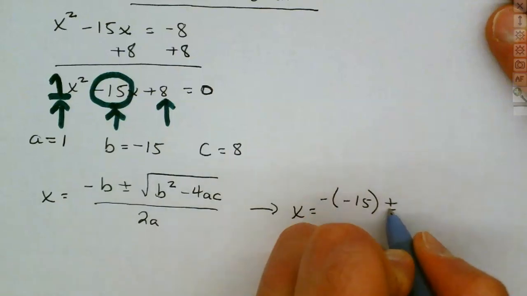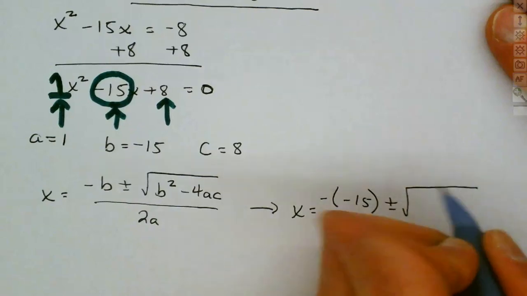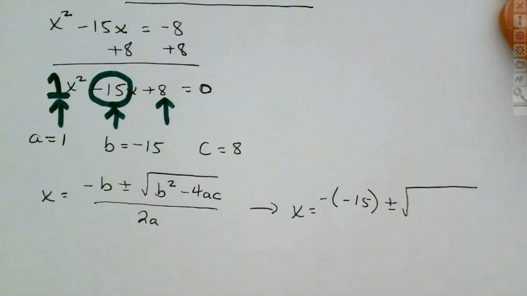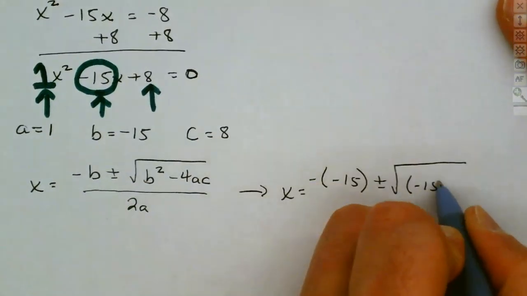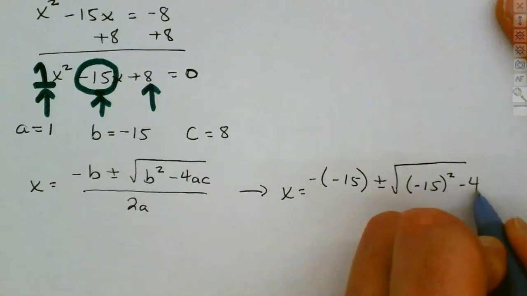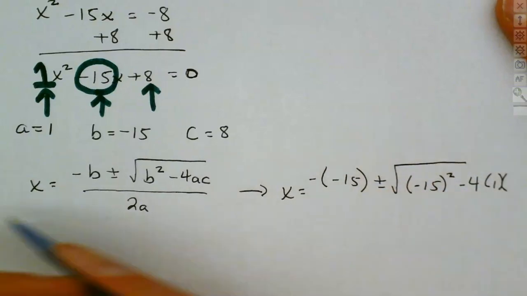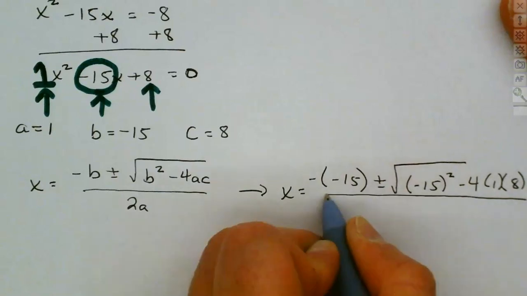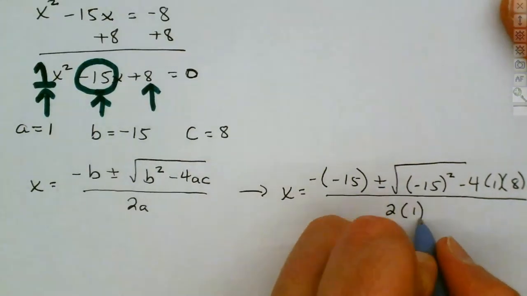And then we have a plus or minus. And we've got the square root of, let's write it out here, b squared. So that's a minus 15 squared. And then we've got a minus 4 times a, which is 1, times c, which is 8, all over 2 times 1.